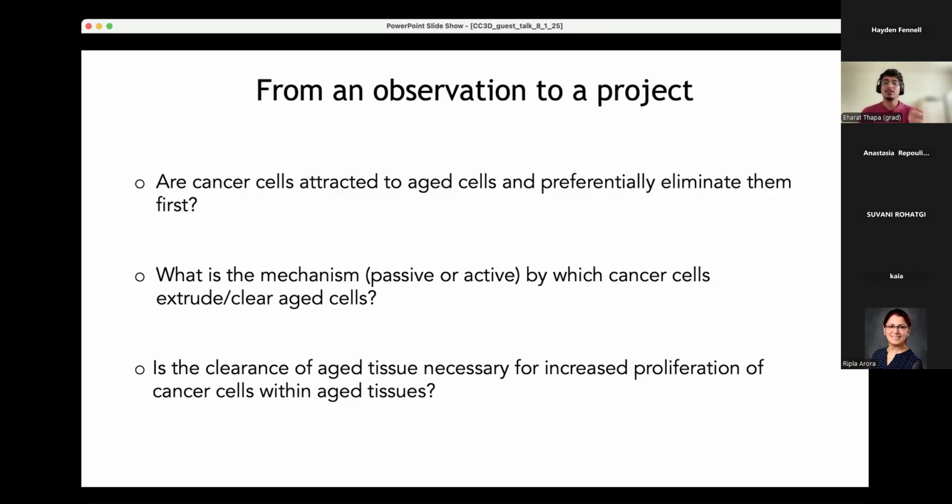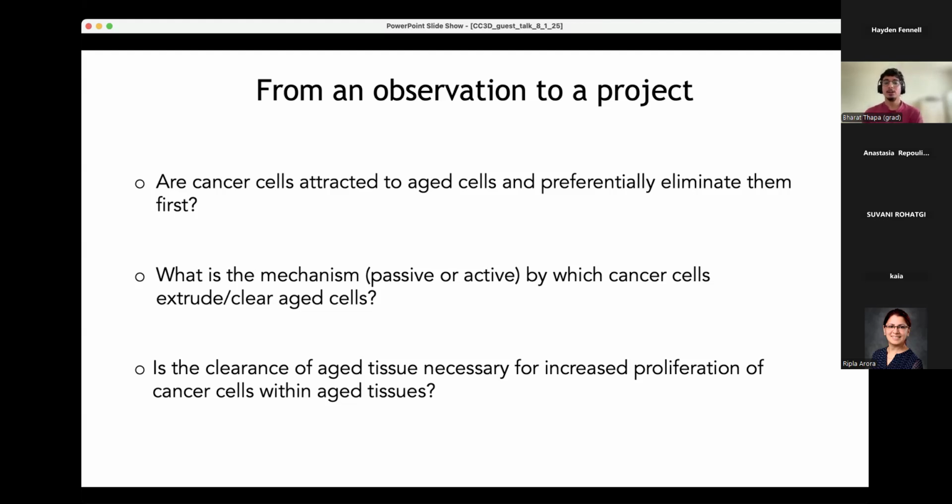I would call that a passive mode, where cancer cells are clearing cells around them or far away from them just by dividing. Or is there an active process where a cancer cell finds a cell which it wants to kill and, maybe by biochemical signaling or some interaction or by shedding contact, it is able to clear off the aged cell? I'm calling that an active process.